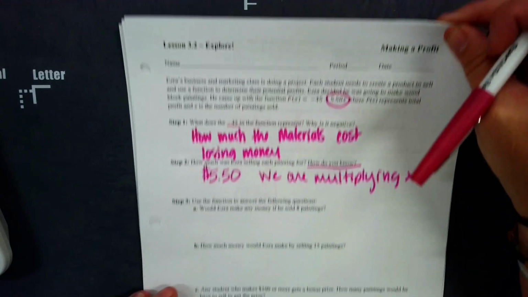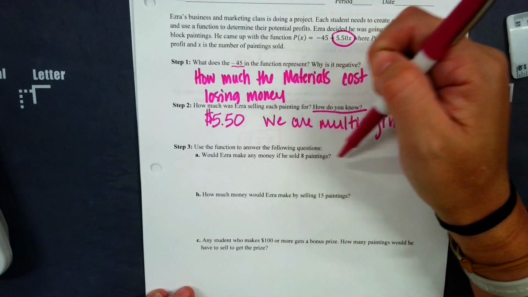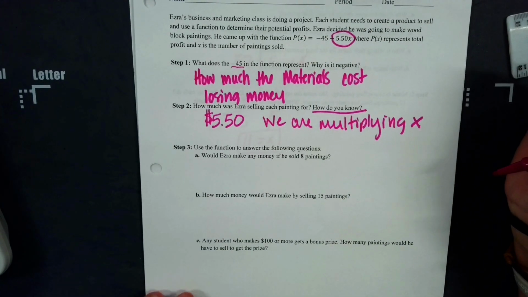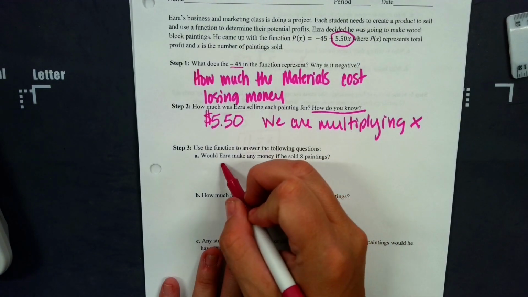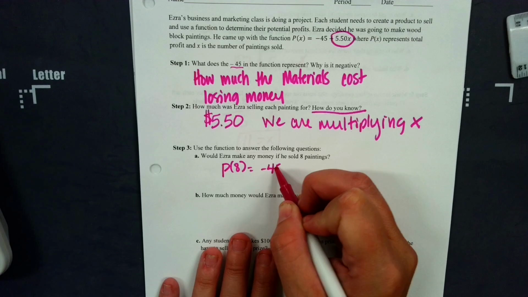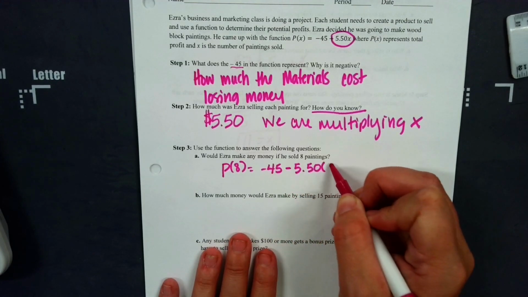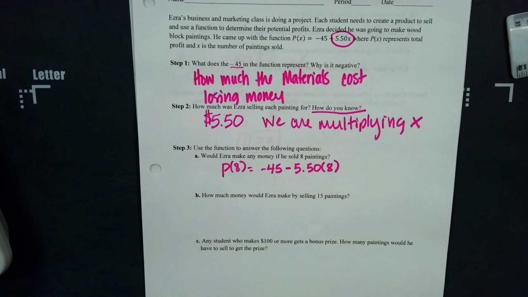Use a function to answer the following questions. Would Ezra make any money if he sold 8 paintings? Okay, so we're going to say P of 8 equals negative 45 plus $5.50 times 8.